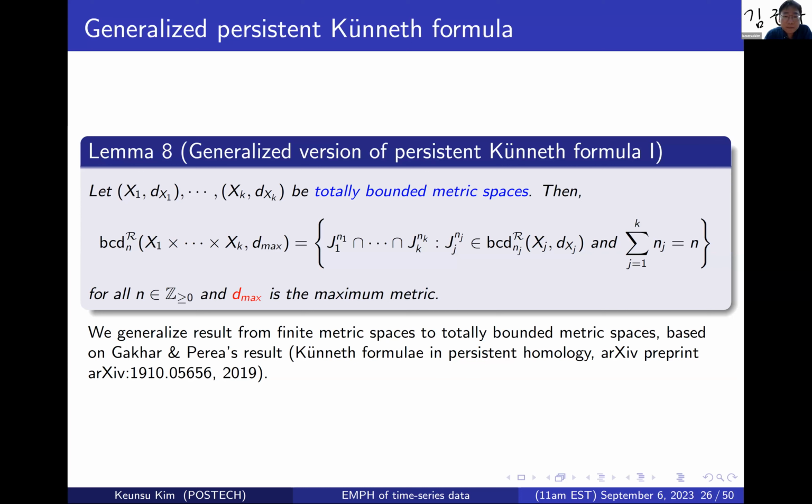So to apply the persistent Künneth formula to a circle, we should generalize the condition. Note that in the persistent Künneth formula, the product space is equipped with the maximum metric.